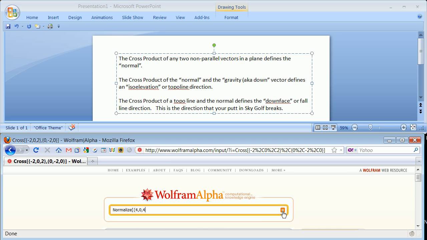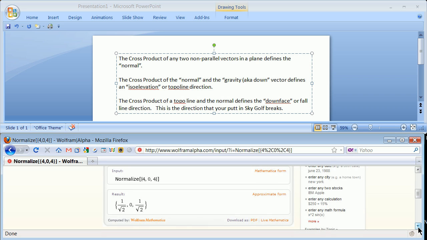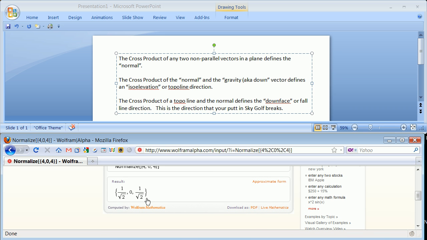These are just normal vector operations. You're dividing the vector by its length. Let's see what it does here. Hitting the equals button. And that's the result. That is the vector form of where your putt is going to break.